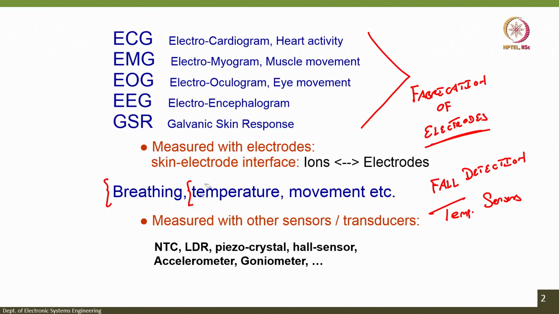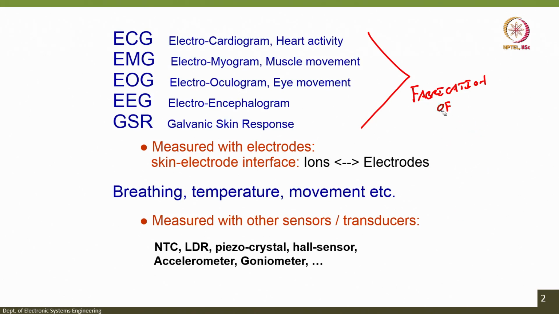So, the point is that in every case, when we talk about measuring something, most of the time the measurement is done with respect to one kind of sensor or other, right, and that is the intent of this course of teaching the fabrication of those sensors, so that it can be used for the neural science application.